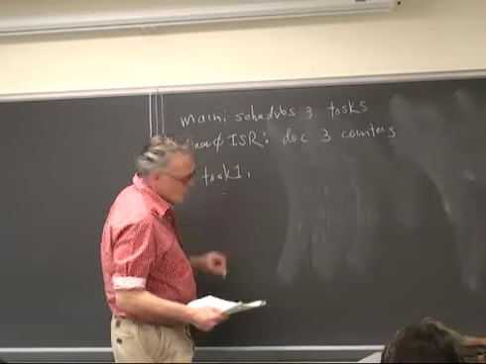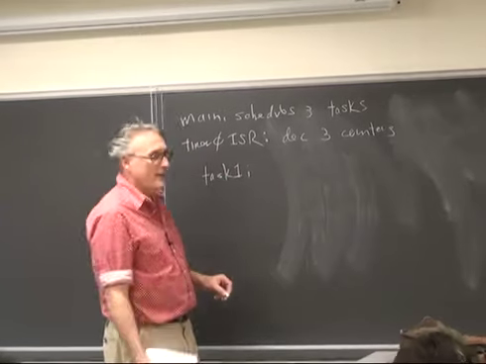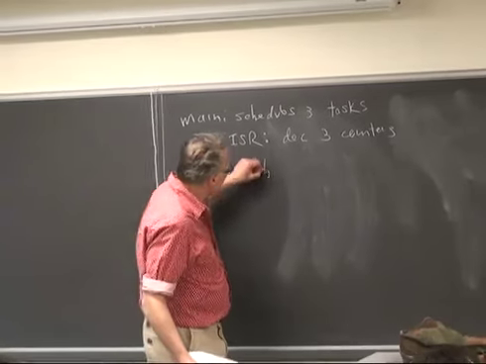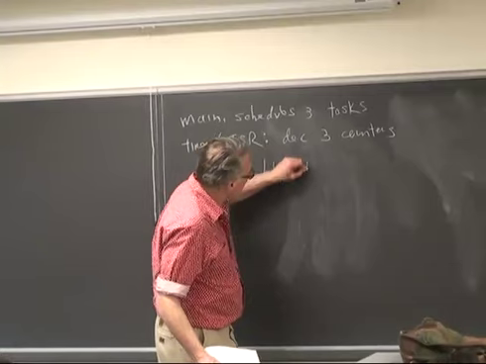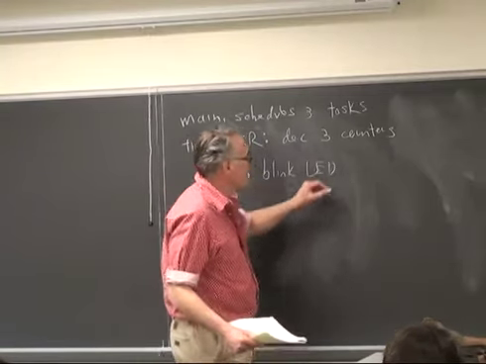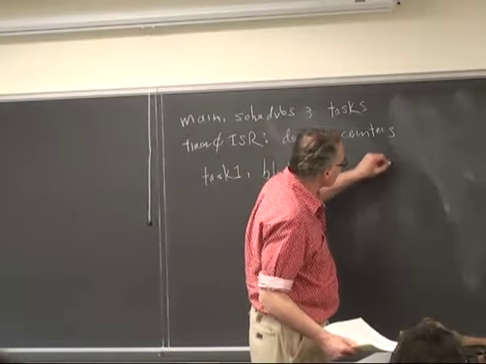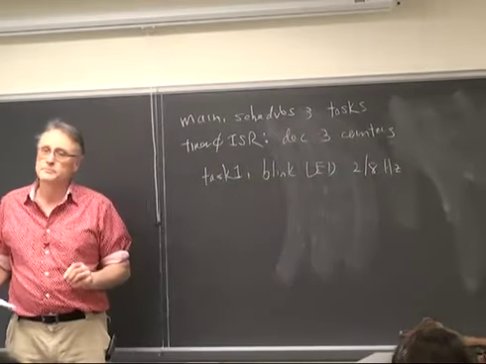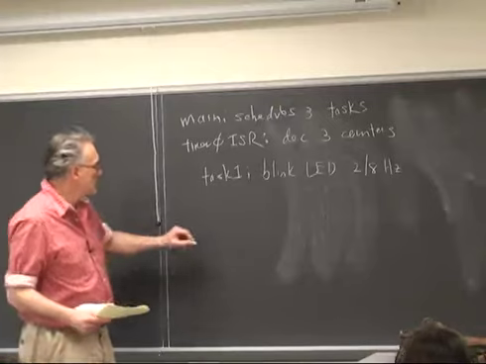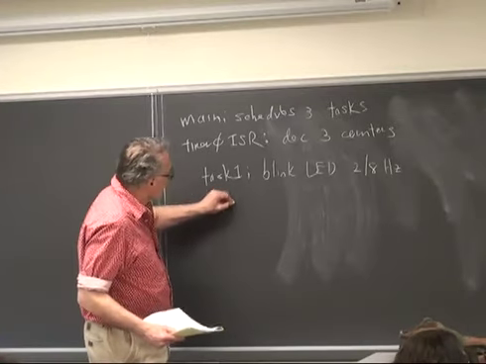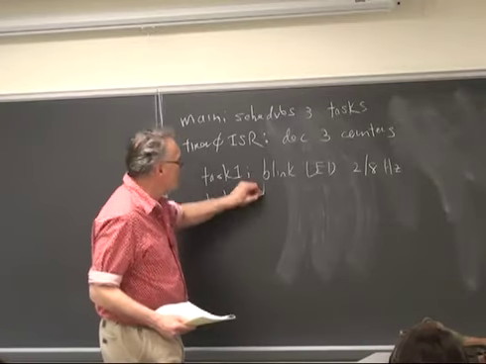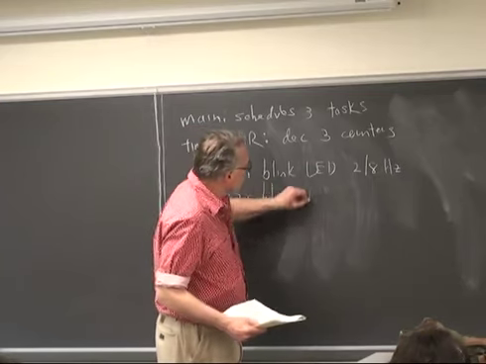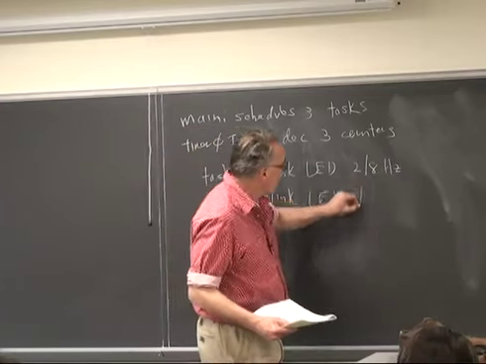Task 1 is going to blink an LED, a blinking LED at either 2 or 8 hertz, depending on a button push. Task 2 is going to blink an LED at 1 hertz.